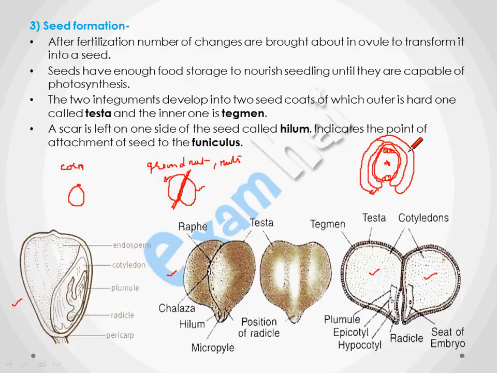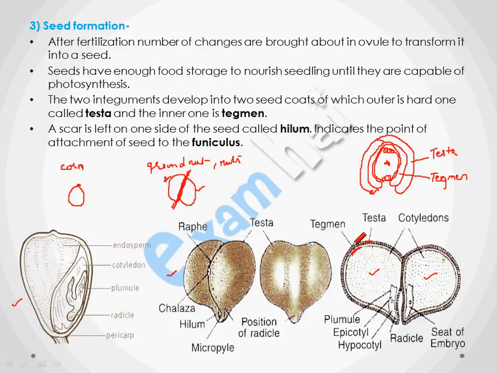The outer one will be the hard one, which is called the testa, and the inner one is called the tegmen. So you can see in this, the outer one is the testa and the inner one is the tegmen. These are the two integuments which will develop into a seed coat.